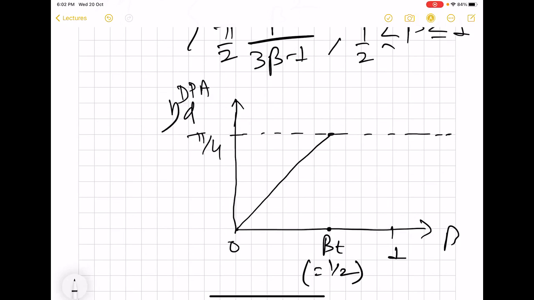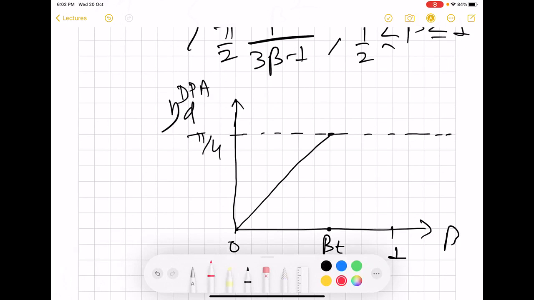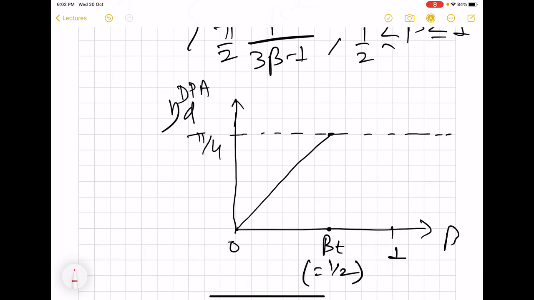And as was pointed out, a usual class B will have this relation.